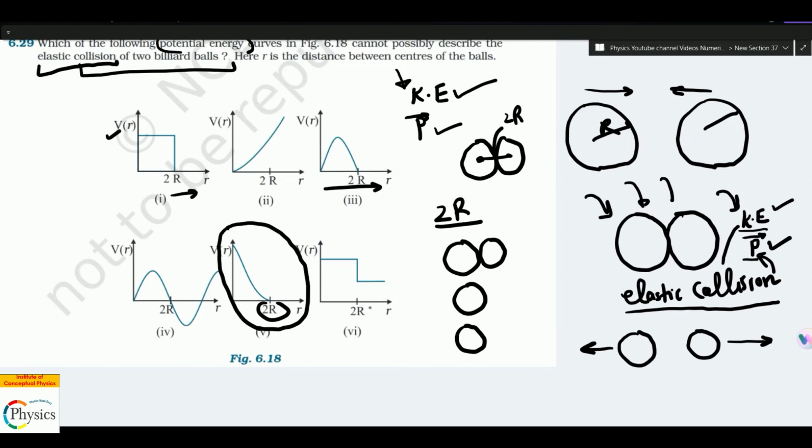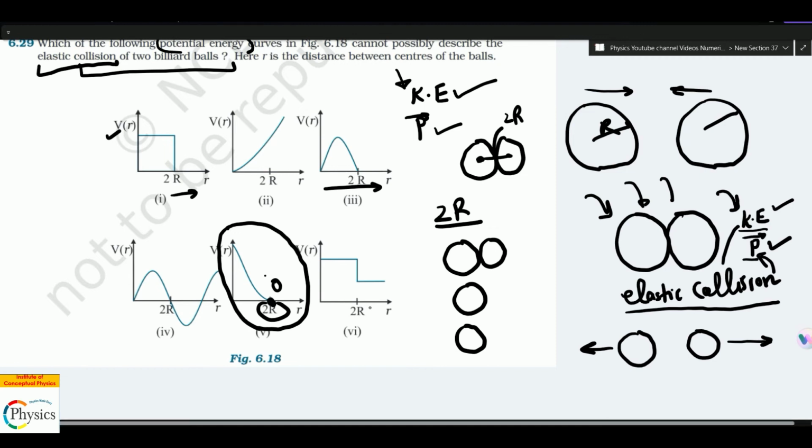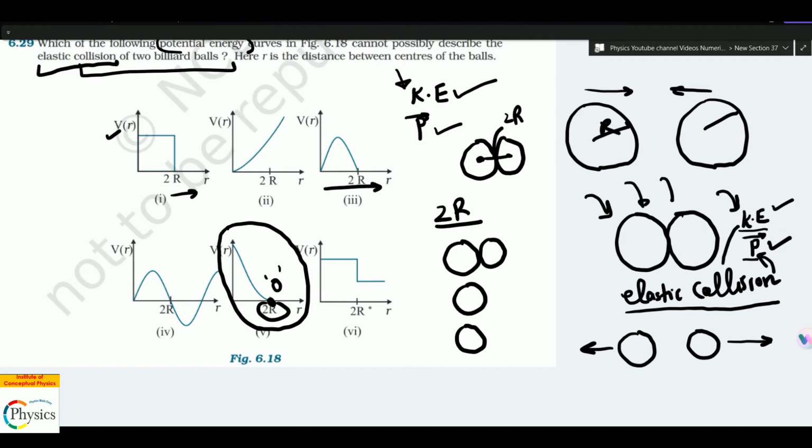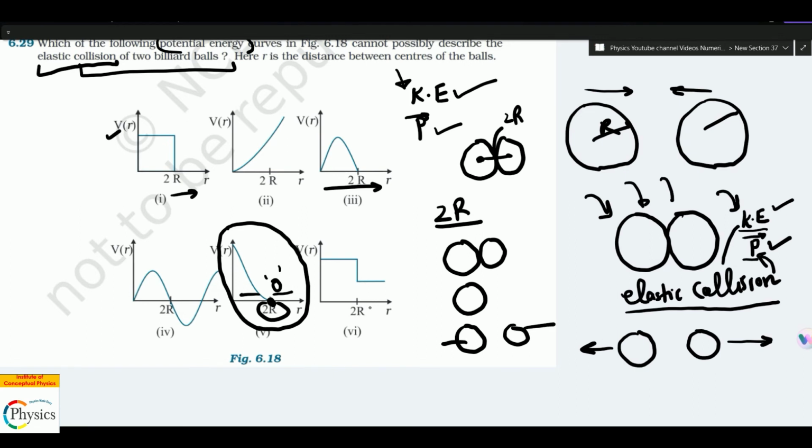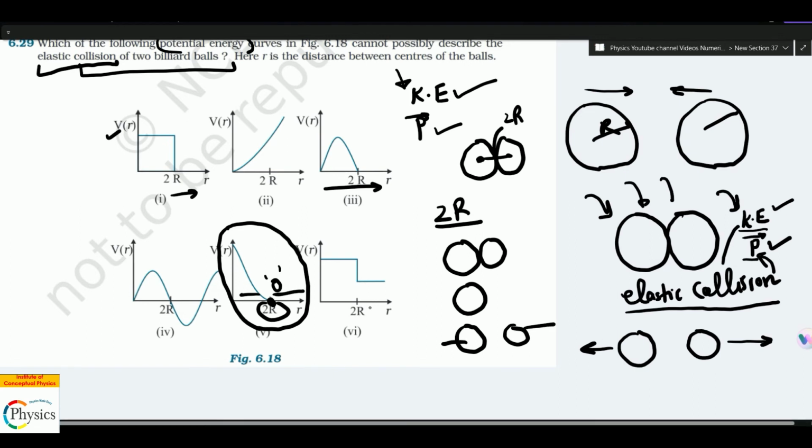This graph also makes no sense, because at 2R the potential is shown to be zero, which is weird. To me, at 2R the potential energy cannot be zero. It has to be very high, and beyond 2R, when the colliding balls start moving away from each other, the energy is shown to be zero. So even this graph is wrong.